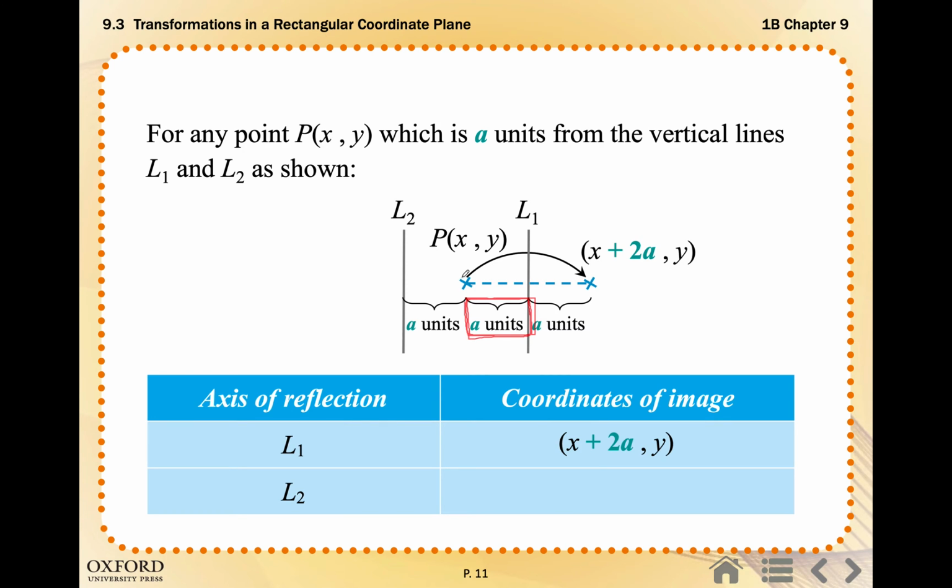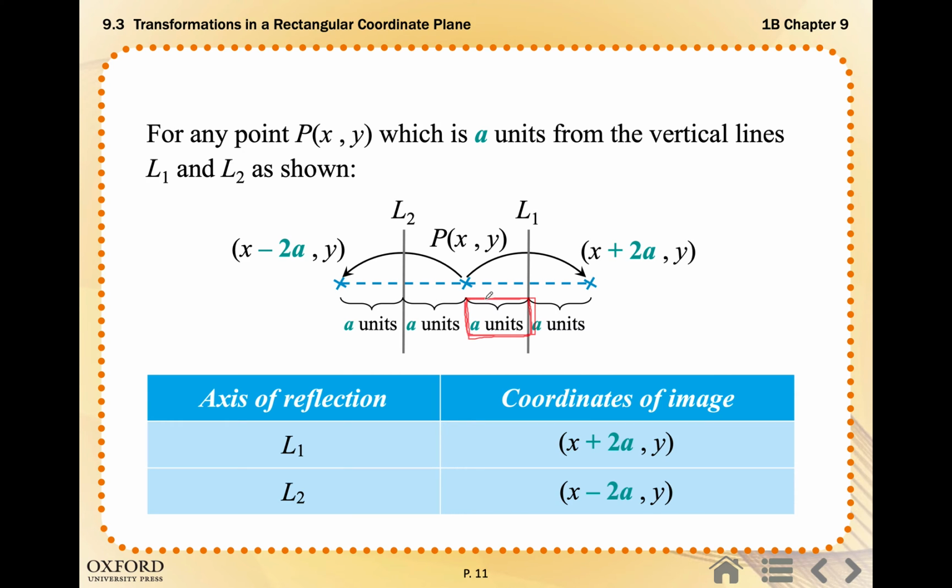And if it is going to the left-hand side, that means if P is reflected in L2, that means point P is moving to the left-hand side, then the x coordinate should minus 2A. Okay, so now next we will consider some examples where the point is reflected in a horizontal line or a vertical line.